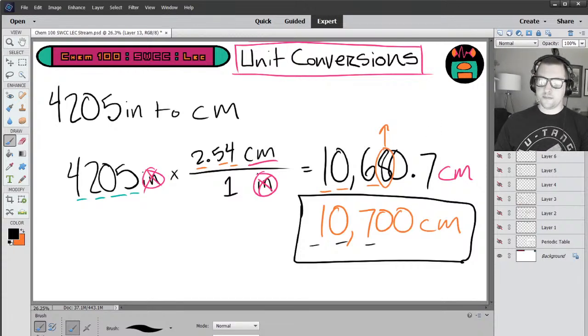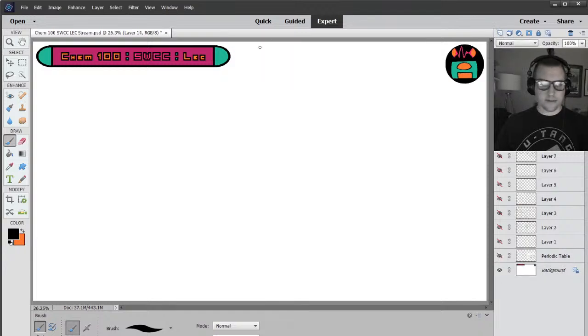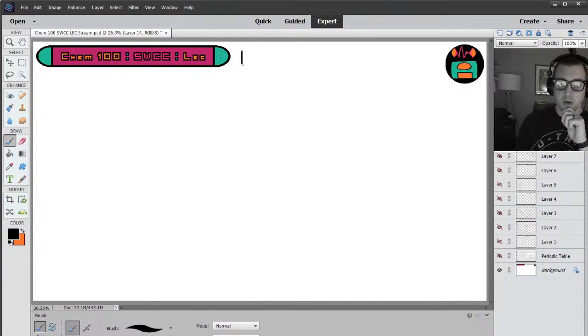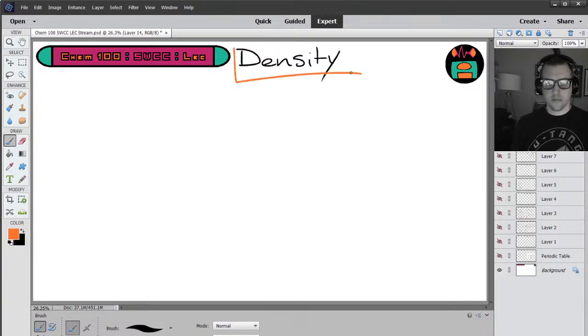All right, now the last concept, the last topic within this chapter is something called density.